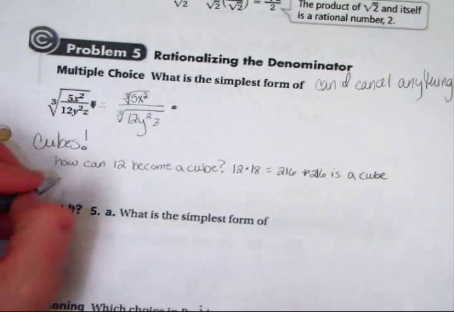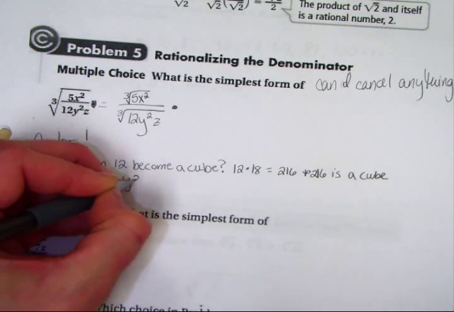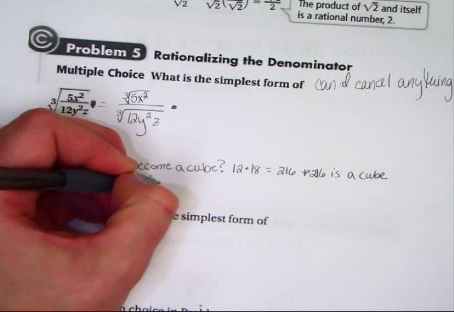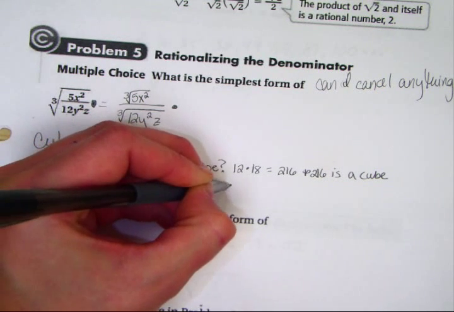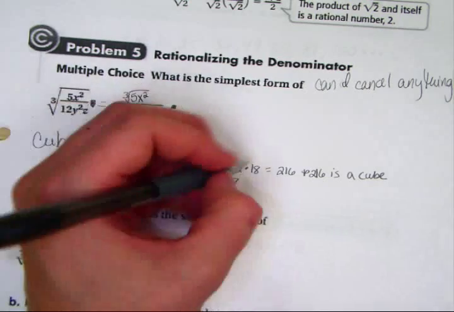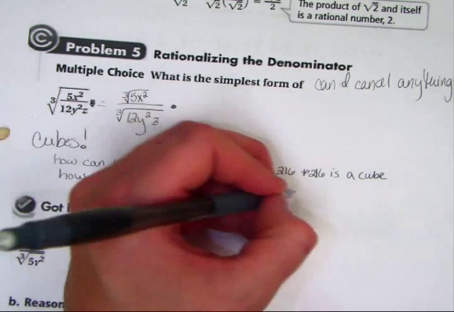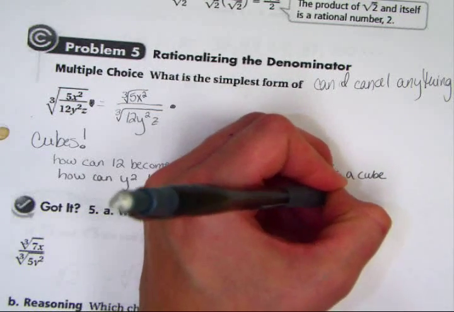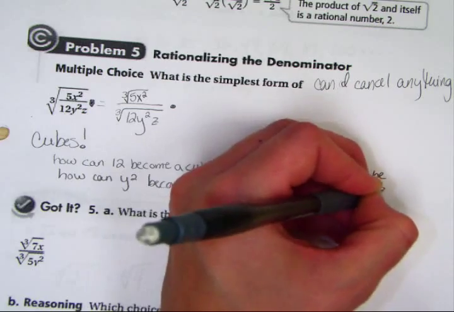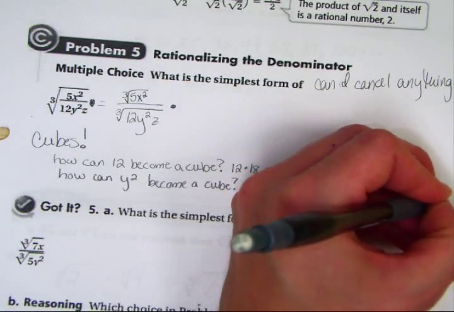Now let's talk about this. How can y squared become a cube? Well, if you do y squared times an extra y, that'll give you y cubed, and y cubed is a cube.